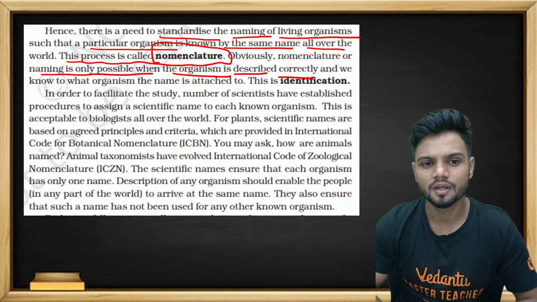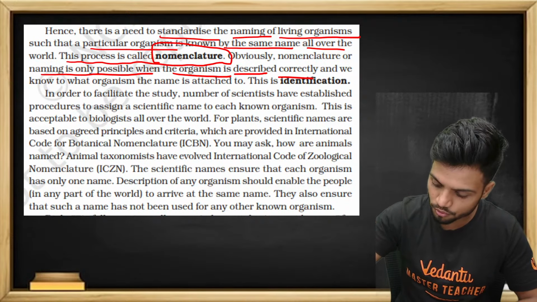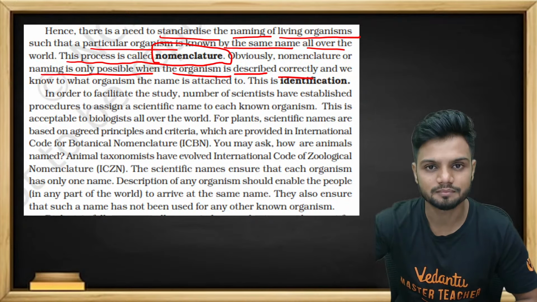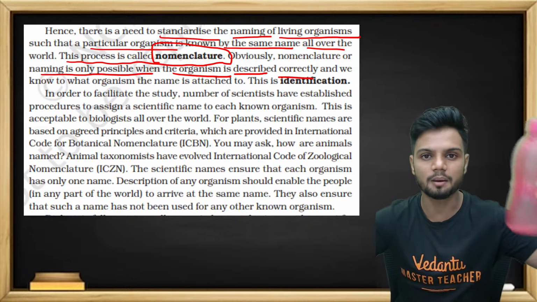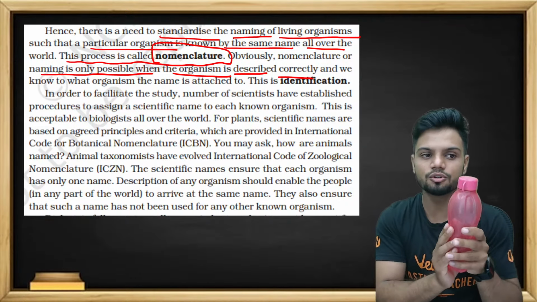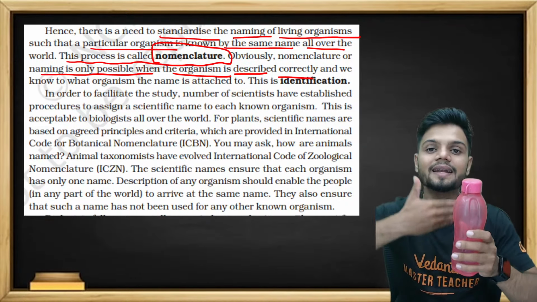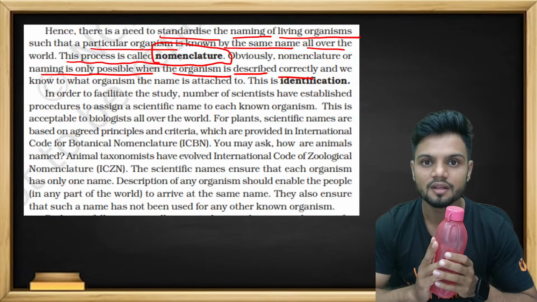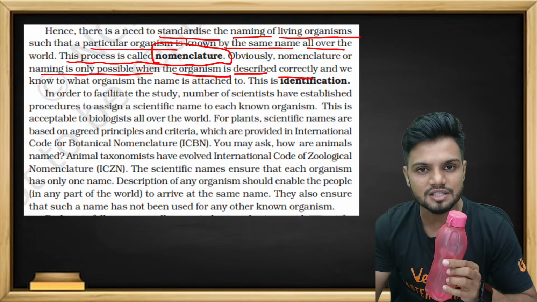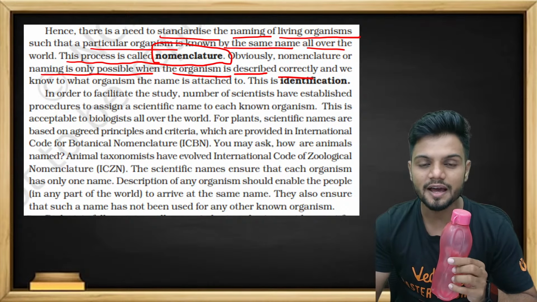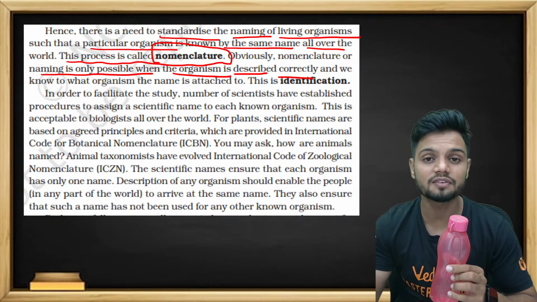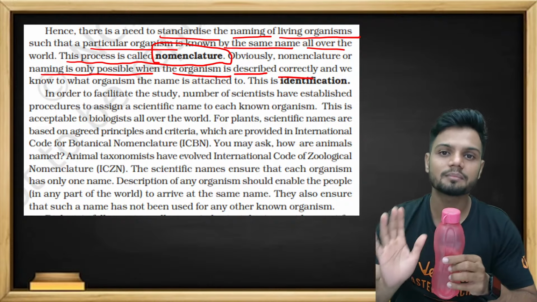Obviously not. So if you want to give something a name, if I want to call this a bottle, I should first identify it as a bottle. If I want to name mango as Mangifera indica, first I should identify mango. Then only I can give it a name.